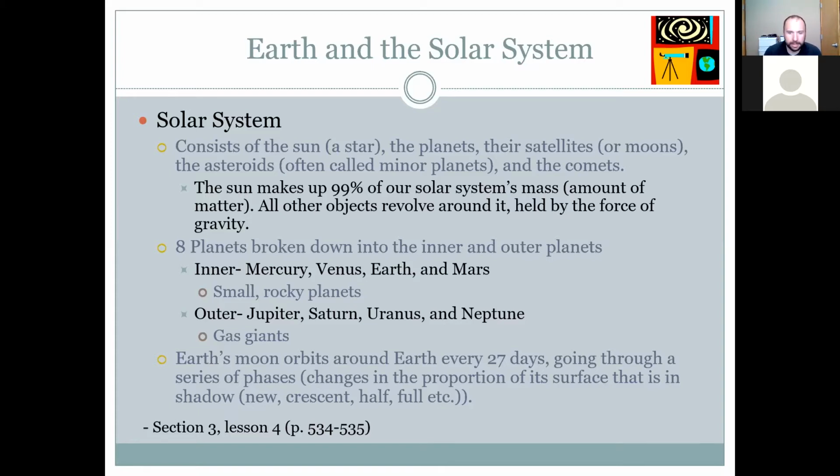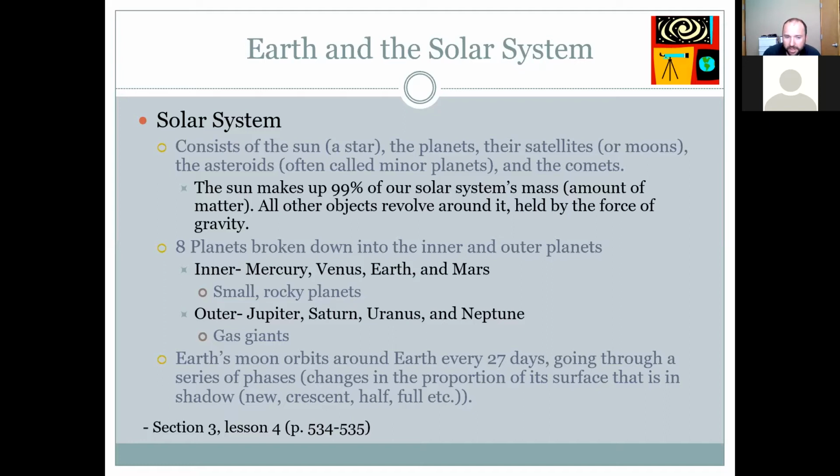All right. Our particular moon orbits around Earth every 27 days. So 27 days is the cycle of a moon, right? So when you go from full moon to crescent to new moon and back to crescent and full moon, that cycle is 27 days.